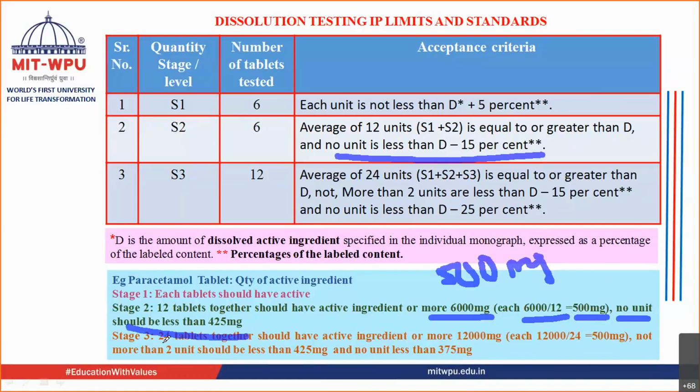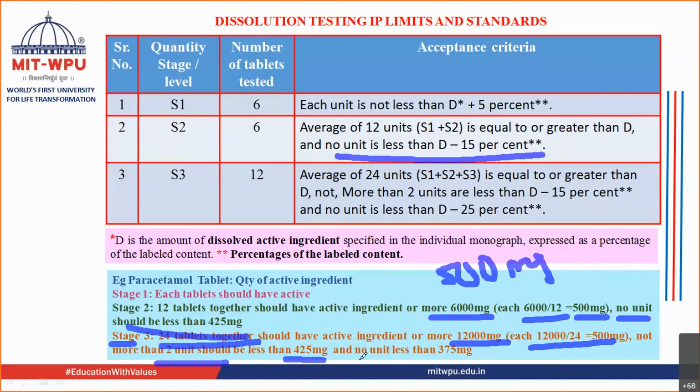Further, if it is not satisfying this condition, we go to stage 3. Here we take 24 tablets. It should contain total active ingredients as 12,000 milligram, so that each tablet has 500 milligram, and not more than 2 units should be less than 425 milligram.